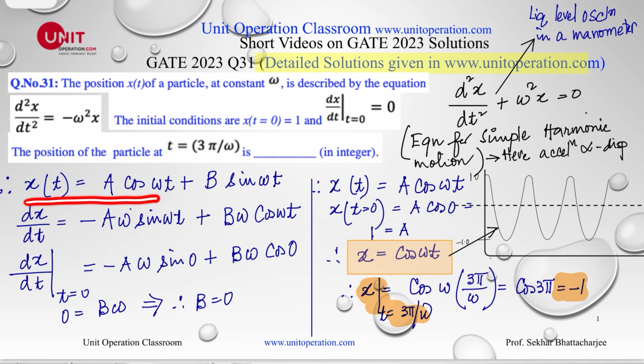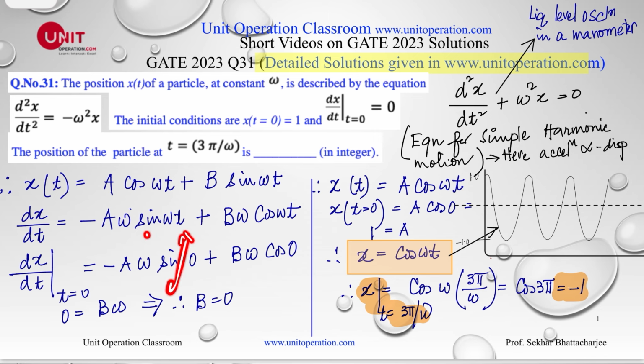The solution for this kind of linear second order differential equation is given by this, where a and b are arbitrary constants which have to be evaluated from the initial and boundary conditions. So the derivative would be negative for this term and positive for the cosine term, and we find the derivative at t equal to 0.